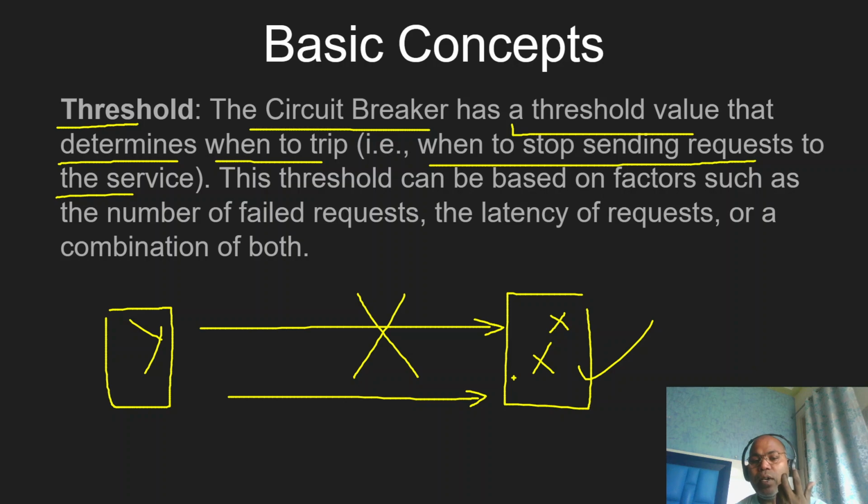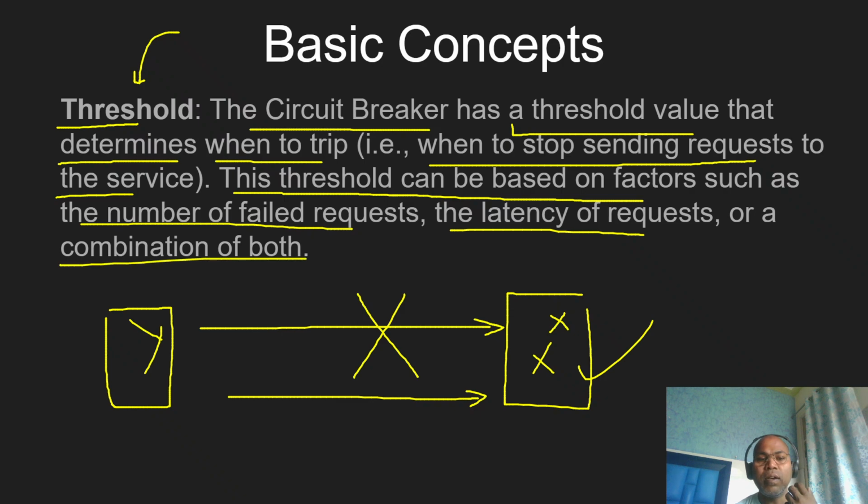So we need some kind of parameter, number or condition. Those numbers or conditions you can call the threshold. The threshold can be based on factors such as the number of failed requests, or the latency of requests, or a combination of both.